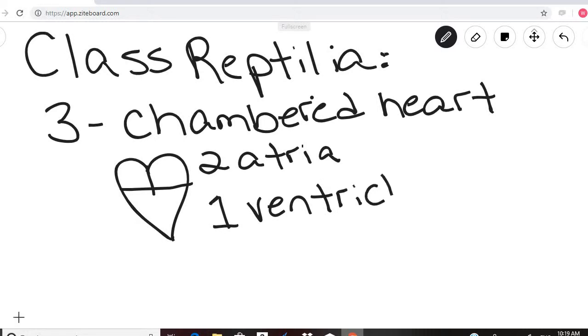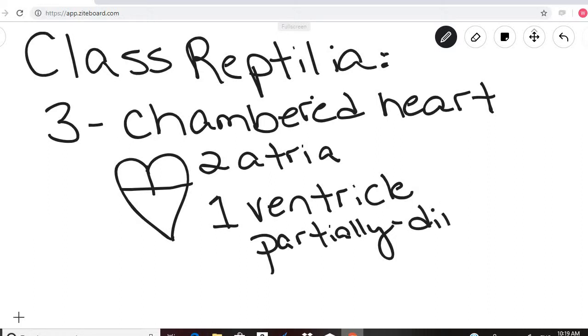And we saw a similar thing in the amphibians, but the thing about this ventricle is that it is partially divided. And so in many ways, it is like a 4-chambered heart. It's not fully divided into 4 chambers. It's just a partial division. So it's almost like a 4-chambered heart.